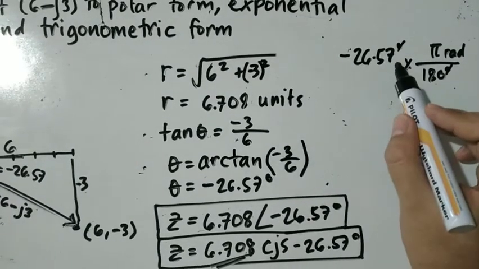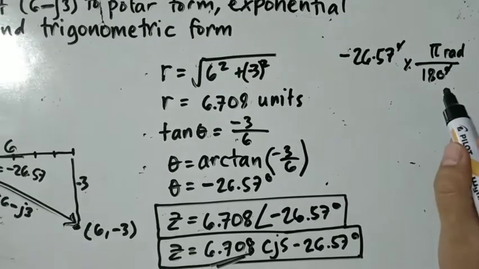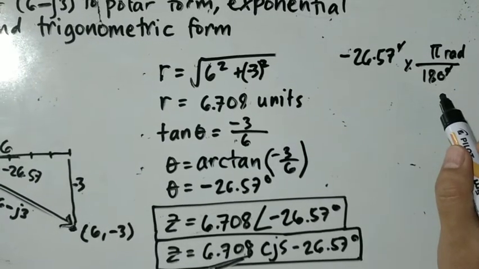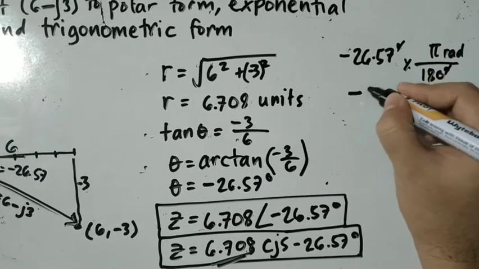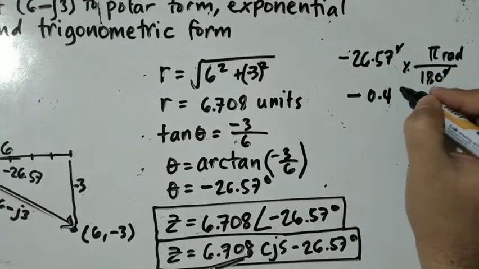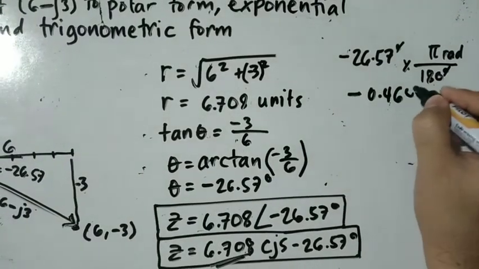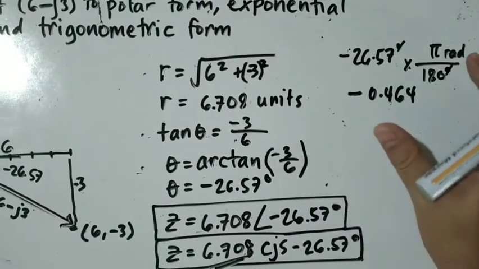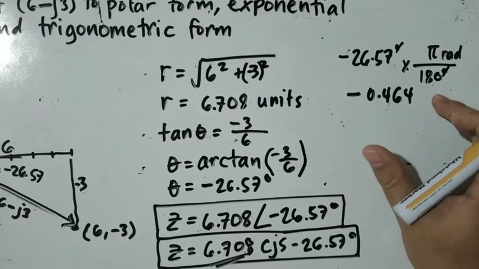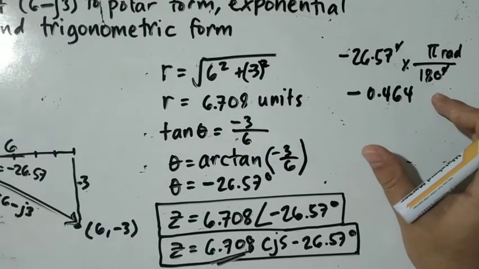So negative 26.57 times pi over 180, and that results to negative 0.464. Using your calculator, negative 26.57 times pi divided by 180 is negative 0.464.